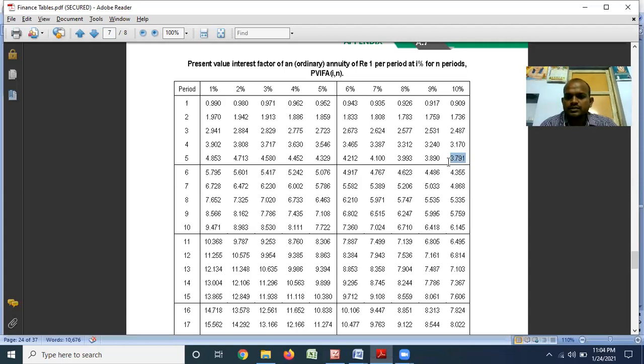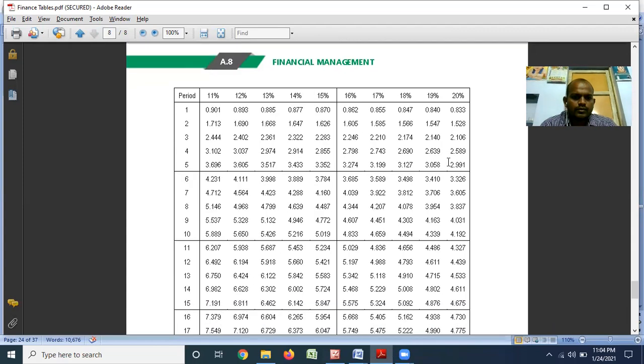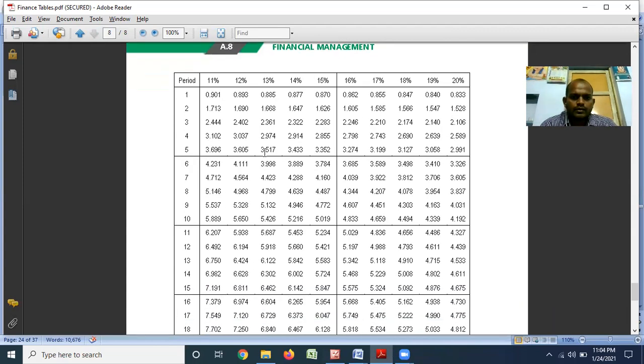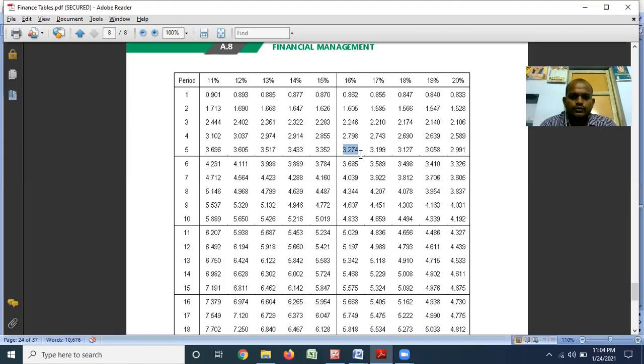At 10% it is 3.791. Okay, 3.291. So, this payback period lies between 15% and 16%.